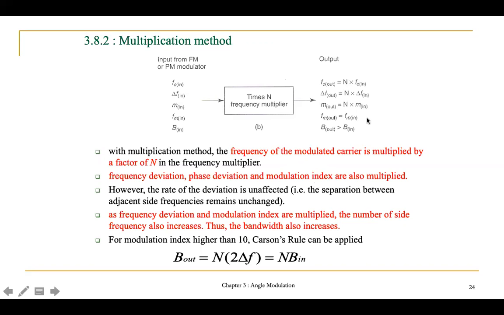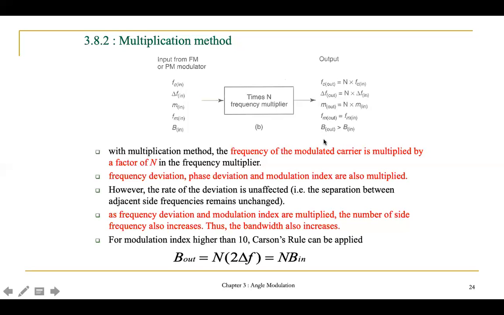So if you look here, since your M out is affected by the multiplier, your modulation index will increase, because it's multiplied by n. When your modulation index increases, automatically the bandwidth will also increase.